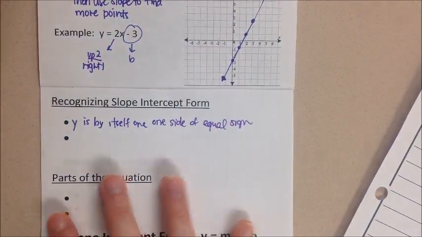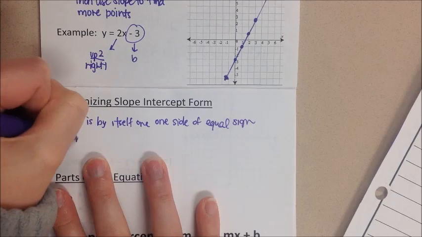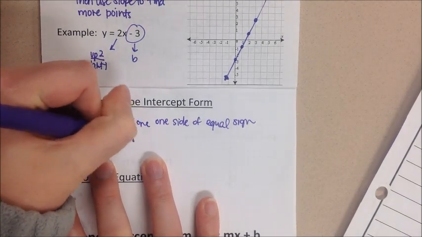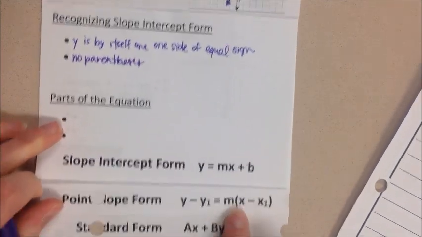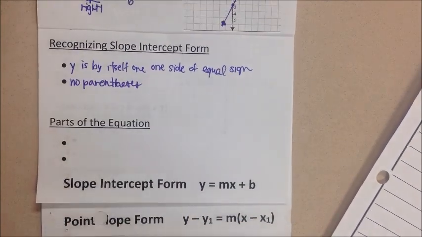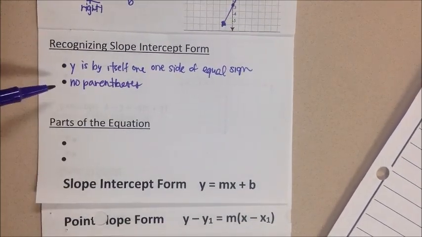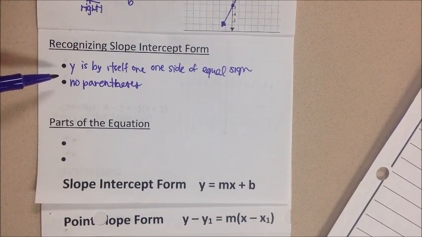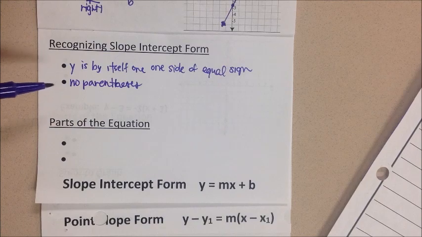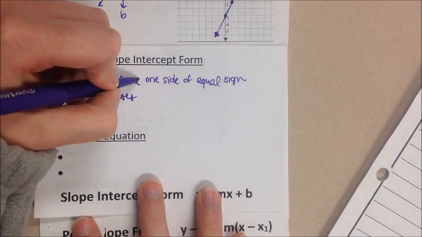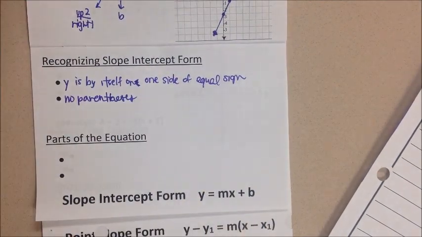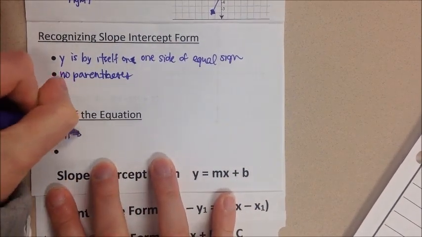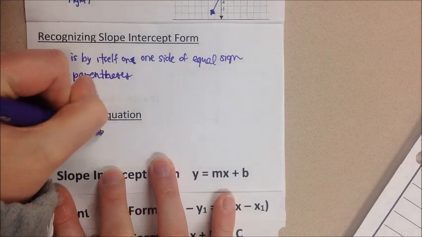The other way is there are no parentheses, because as you'll see below, there are parentheses in point-slope form. So if there's no parentheses and y is by itself, that's slope-intercept form.